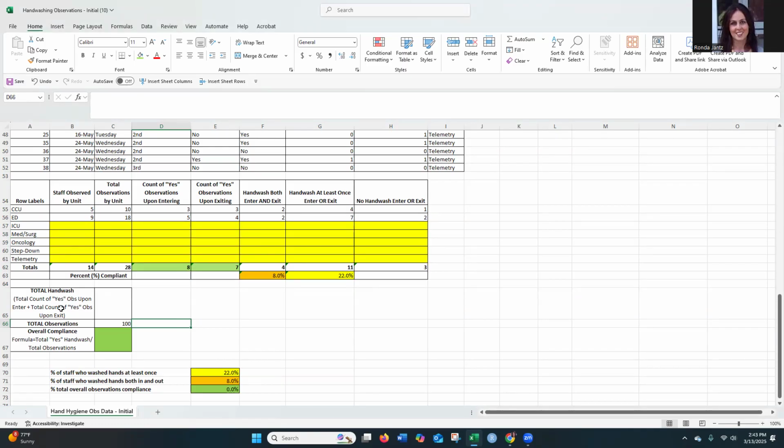It says total count of yes upon enter and total on exit. And we are going to add equals this cell plus this cell, and then we will have our total. To find the overall compliance, we will take the total hand wash divided by the total observations.